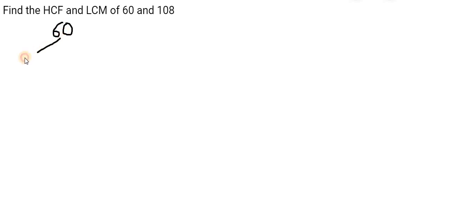So I'm going to start with 5 being a factor. So we've chosen 5 as our first factor for 60. The number that goes with 5 to make 60, if you don't know that, 60 divided by 5 will get you that, and that's 12.